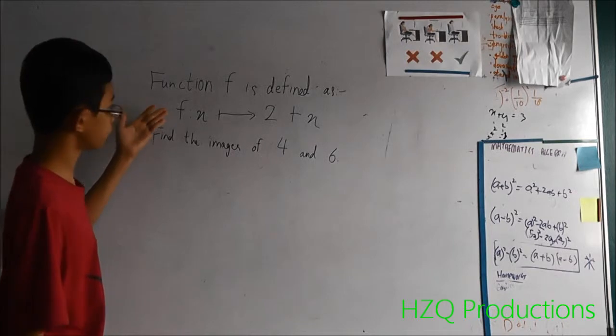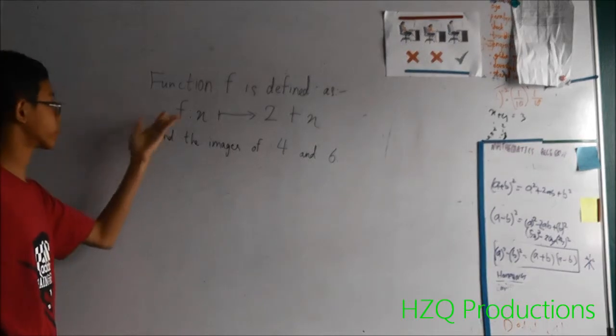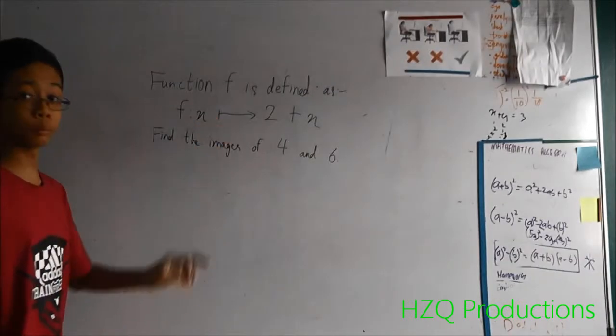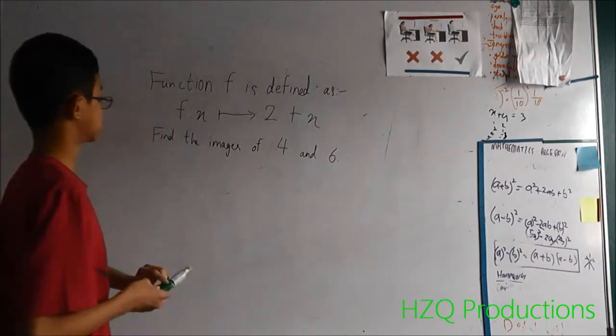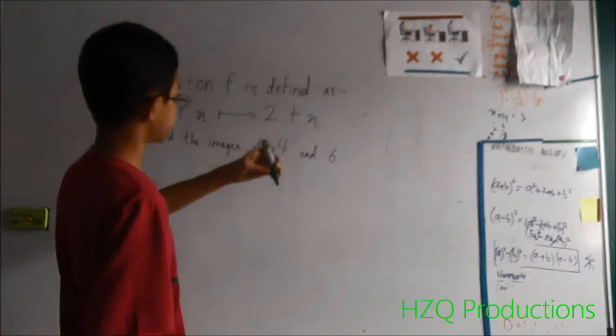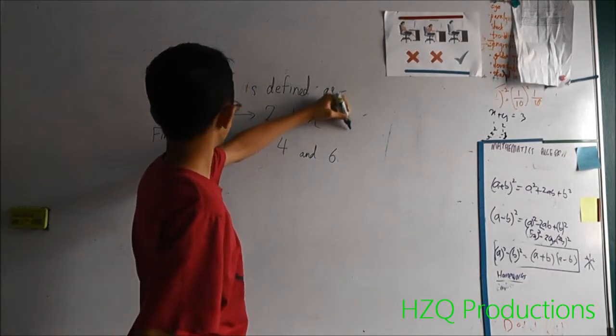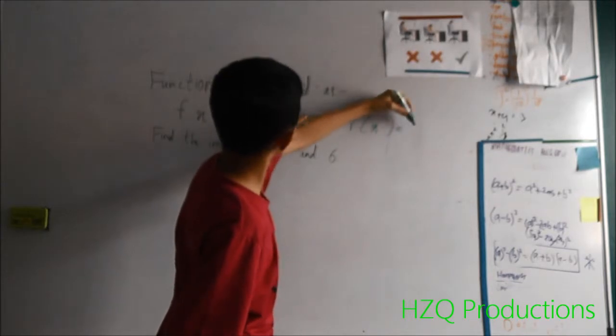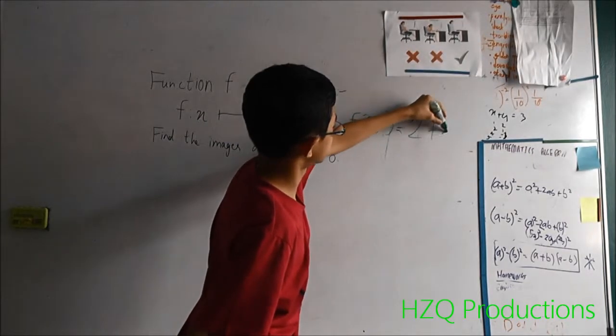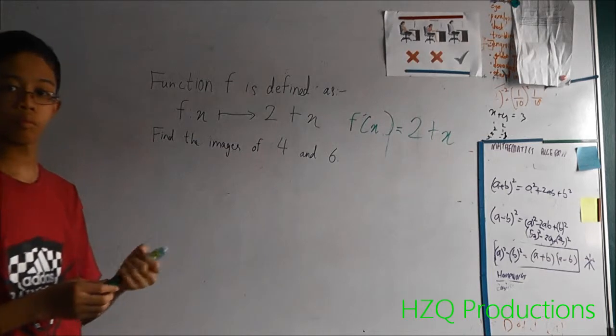Now, some people may get afraid of these symbols here. Actually, it is very simple to define. It's actually the same as f bracket x equals 2 plus x. Now you can get an idea of that.